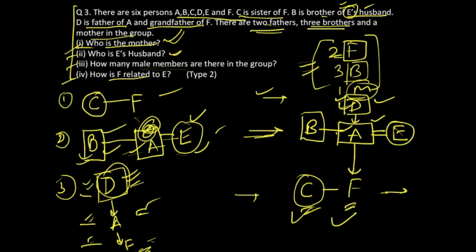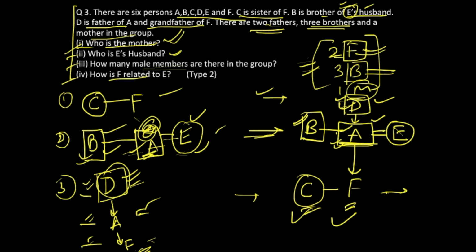So we now know that if A fits over here, the condition of two fathers is met. Now if you look at the second piece of information, that there are three brothers, you will see that B and A are brothers, right? So B is going to be the first brother, A is going to be the second brother.